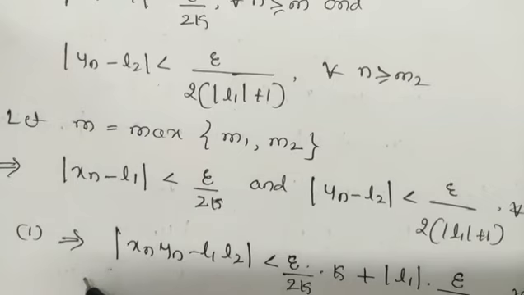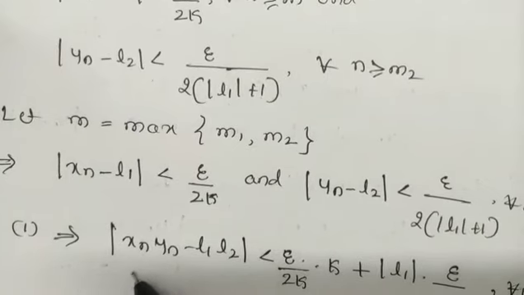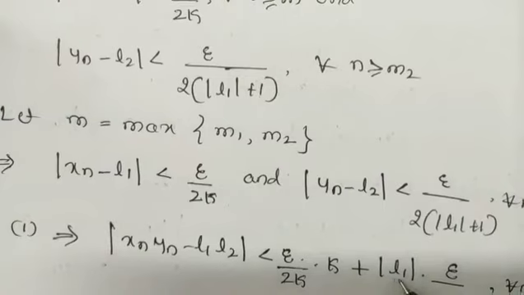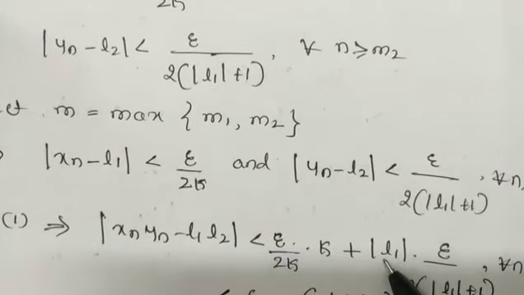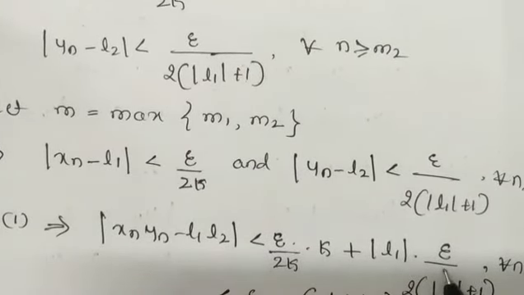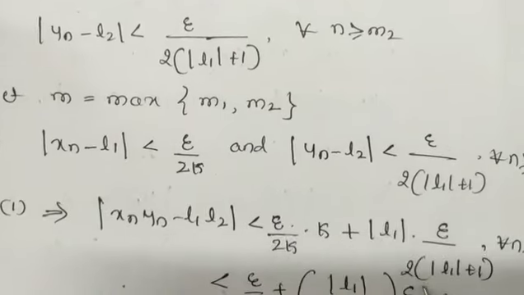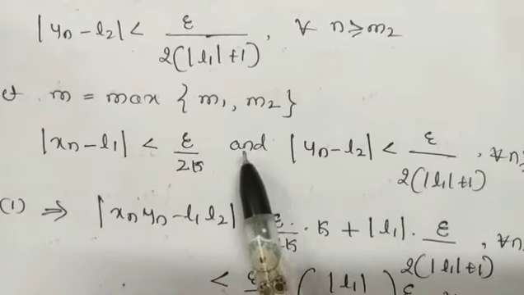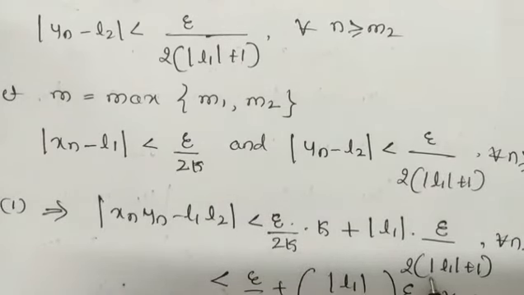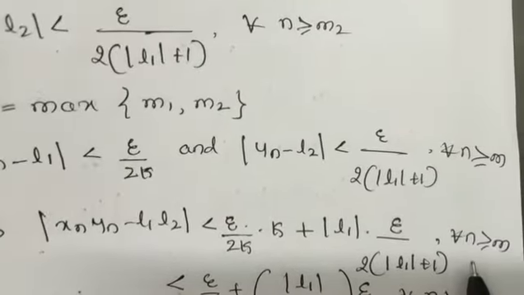So equation 1 implies mod xn yn minus L1 L2 is less than epsilon by 2k into k, since we have taken k outside, plus mod L1 as it is, and in place of mod yn minus L2 we take epsilon divided by 2 into (mod L1 plus 1), because we have taken this, and this is for all n greater than or equal to m.